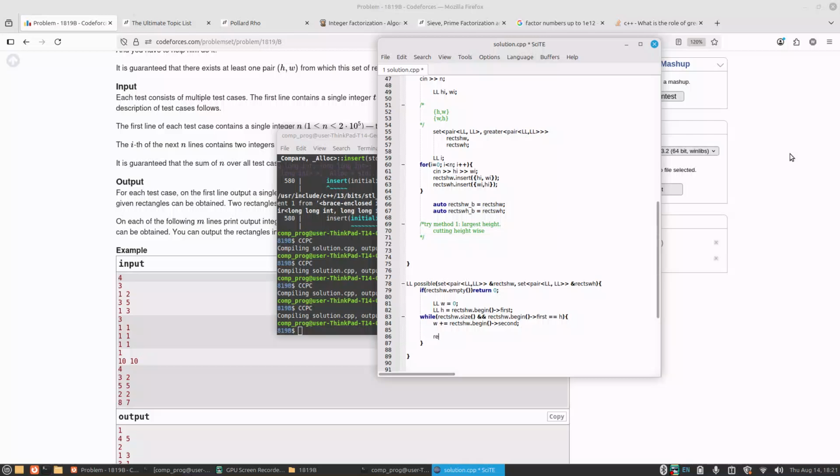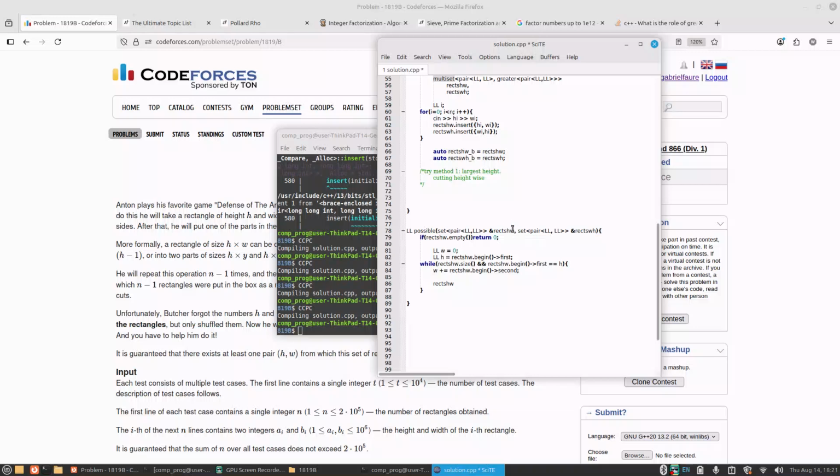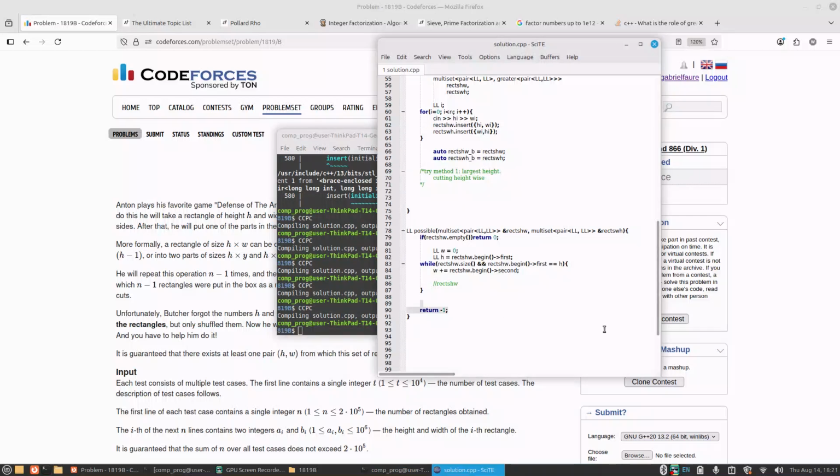And then we can remove it from both. Wait, are these? Oh, these are not independent, so we have to do multi-sets. I mean, they aren't distinct. Yep. Pile's fine.